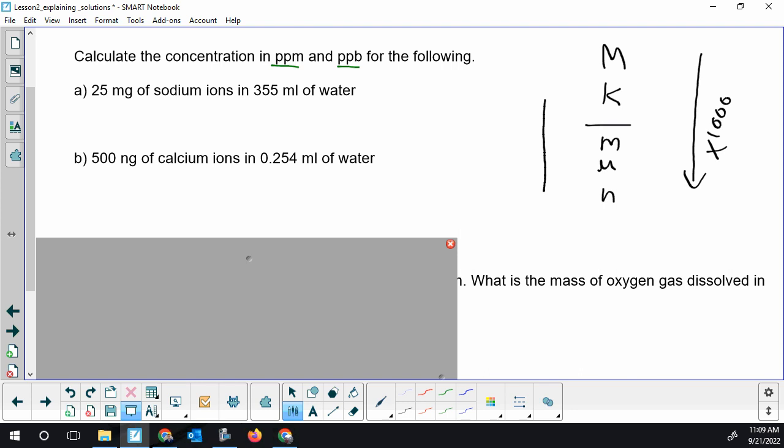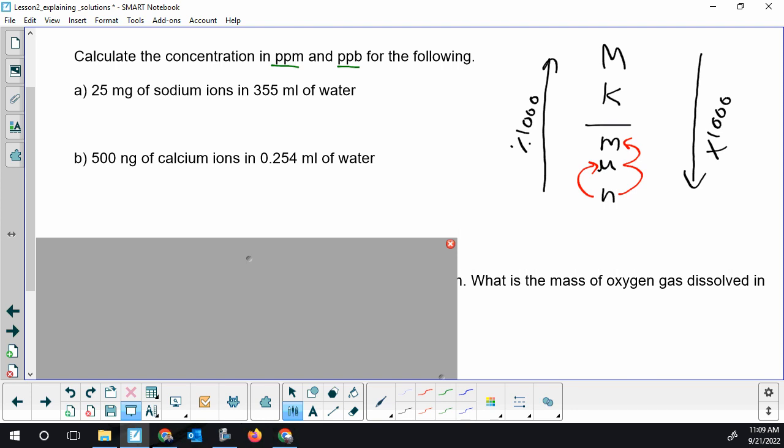When you have to go to a bigger unit, you're going to divide by 1,000 for every jump. So if you have nano and you need to go up to micro, that is 1 jump in your table, so that'd be a divide by 1,000. If you had to do 2 jumps, that's divide by 1,000 twice, which is not divide by 2,000. It's divide by 1,000,000.